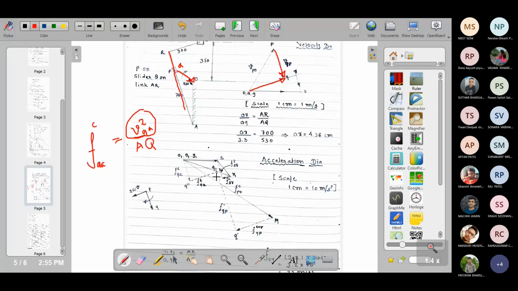Now once you have point Q, you can get point R. How will we get point R? The acceleration ratio.